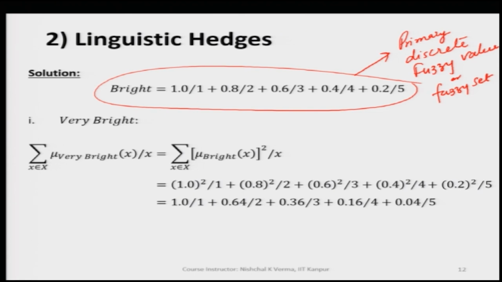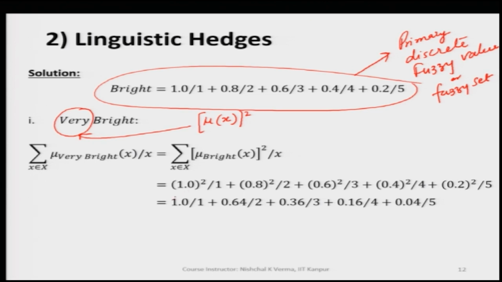When the word very comes here, we have to raise the power of the membership function by 2, and if it is a discrete fuzzy set, all the membership values are squared. So, very bright is very simple to get here.